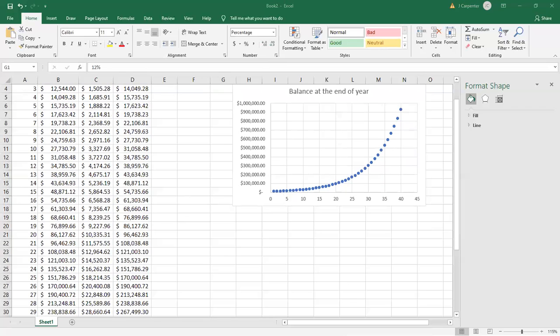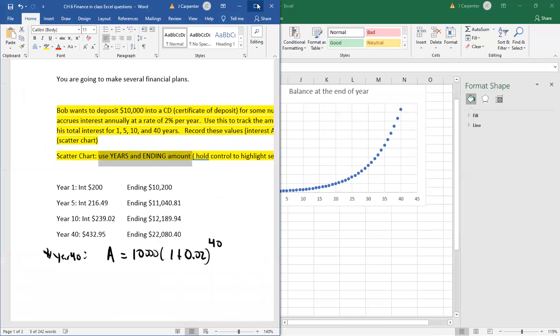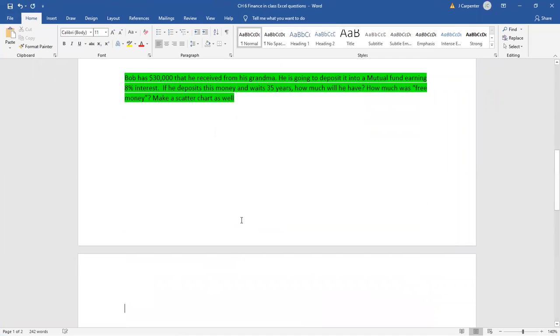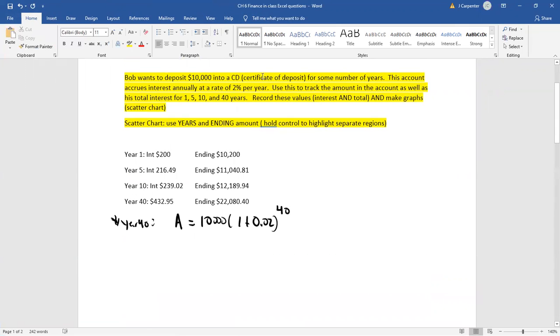All right, back to finance problems. Let's do the second one. So we saw that the initial problem of 2% interest rate, we gained about $12,000 for free. By the way, I meant to mention this, the total interest is always the ending balance minus the starting balance.